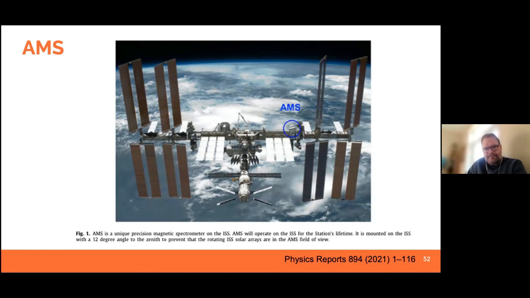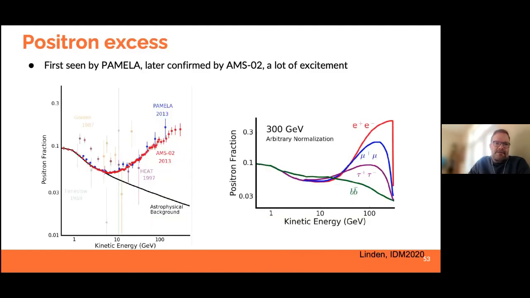And so AMS has produced a few interesting results, and the first one is this excess of positrons. What you look at is the number of positrons over the sum of electrons and positrons. On the left here, you see the expectation from astrophysical background is this falling line.